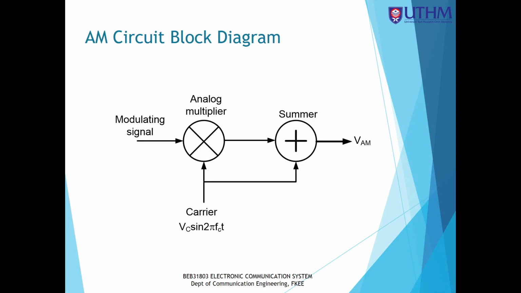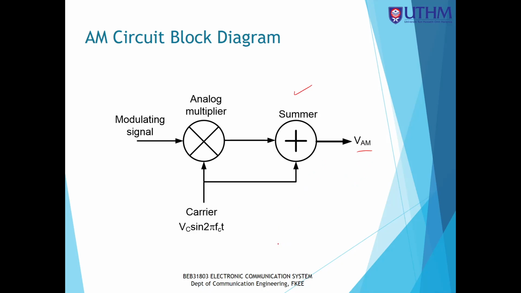Okay, so this is the simple AM circuit block diagram where we have the multiplier here, which multiplies both the carrier and the modulating signal, and also we have the adder over here to sum up the components of the carrier and the multiplication component. So we're going to produce a VAM here, which has three components.